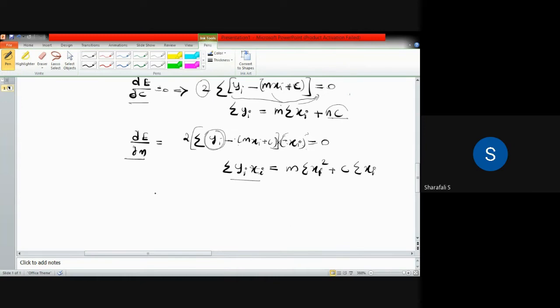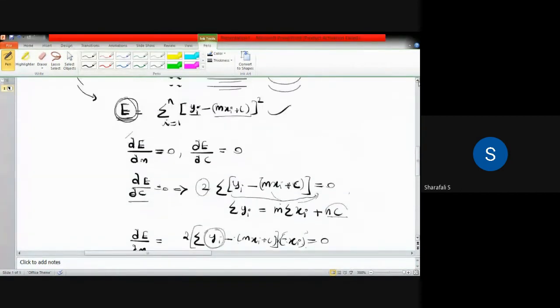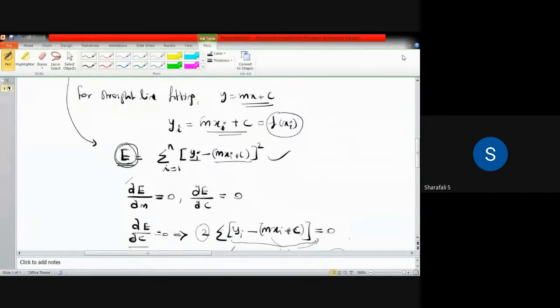From these two conditions, what we have done here is we have considered the residuals first. Residuals means the difference between the points on the fitting line and the given data point values. If you are giving equal importance to all those residuals, then we have to consider the square of the residuals, and the square of the residuals has to be minimum.